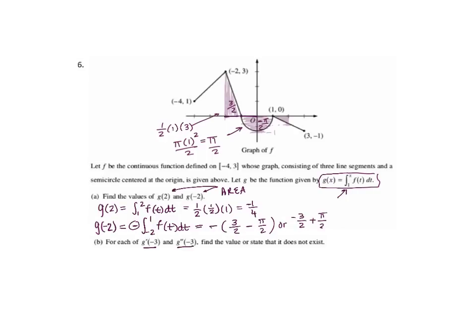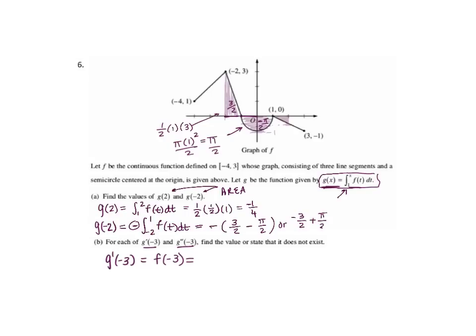All right, so for our next part, though, we now need to find g prime at negative 3 and g double prime at negative 3. And so this is going back and remembering how g of x is defined. And so g prime at negative 3 is going to be equal to f at negative 3. And keep in mind, that's going to be just the graph. So f at negative 3, we're going to go back over and try to find that value.